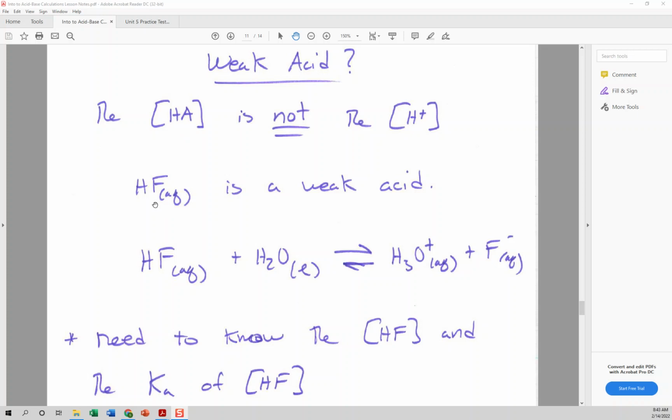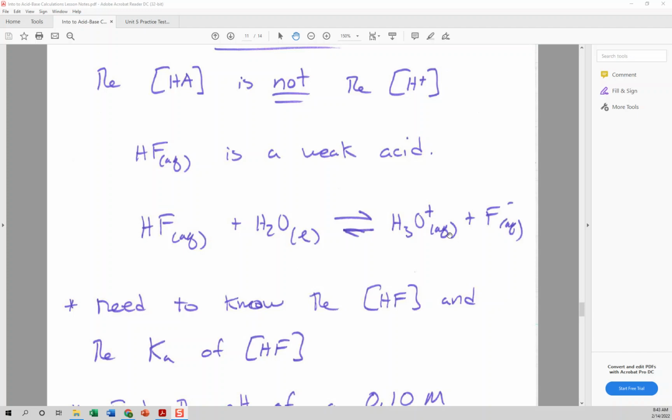So if you're told you have a 0.1 molar solution of HF, that is not the molarity of H plus. If you're given a 0.1 molar solution of HCl, that is the molarity of H plus because HCl is strong, but it's not for HF because HF is weak.